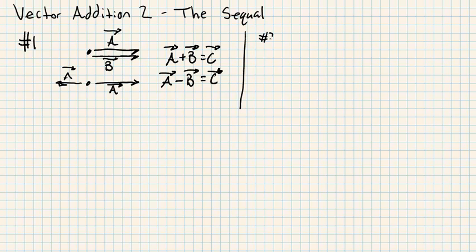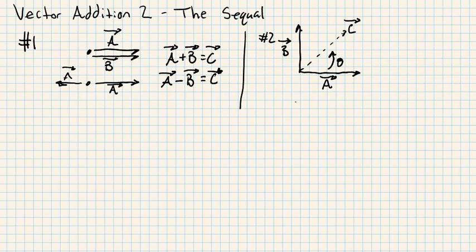Number two is that if the vectors are at right angles to each other, vector A, vector B, we can combine them to get some other vector lifted at some angle theta.